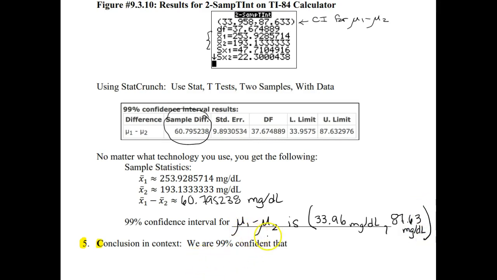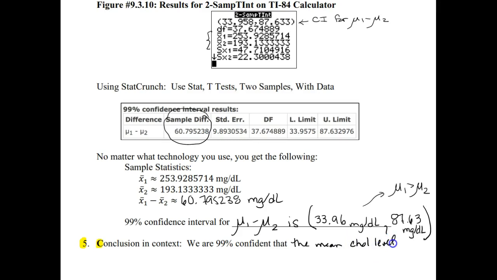So again, we are looking at differences. Both of these endpoints are positive, so that tells us that mu1 is bigger than mu2 by an amount in this interval.